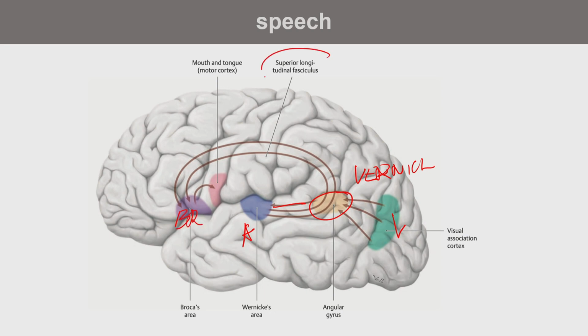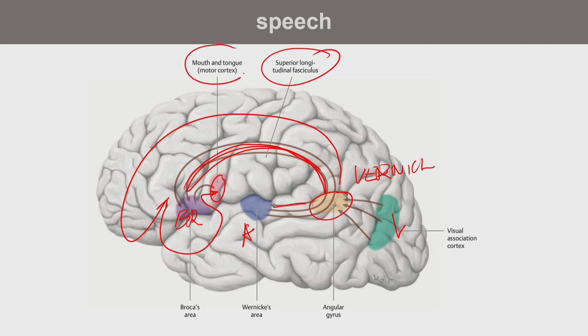And here is the superior longitudinal fascicle, which is connecting those centers. Then this center is involving motor. Motor is producing the guiding for the speech centers, which are the mouth and tongue motor cortex.